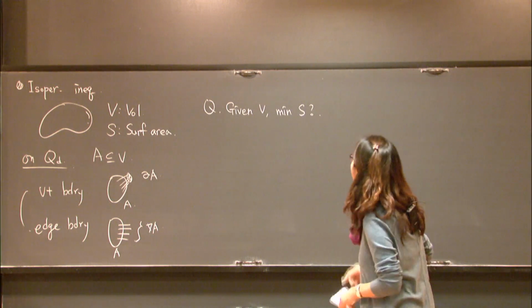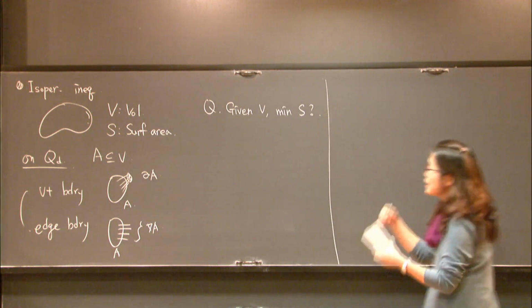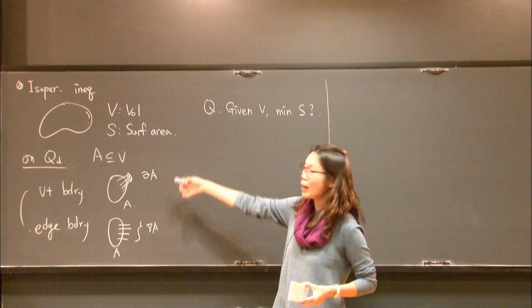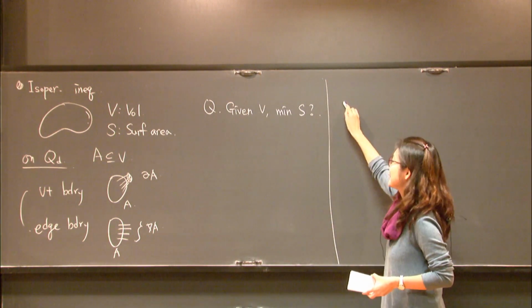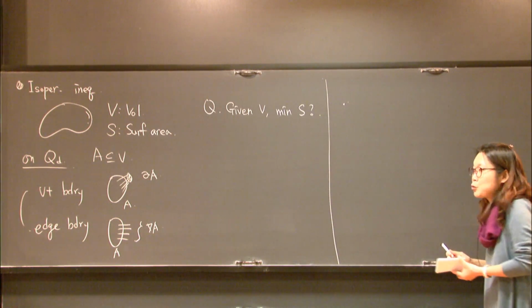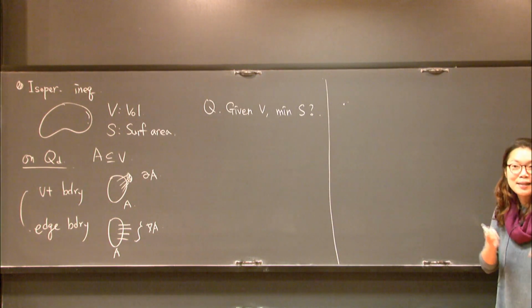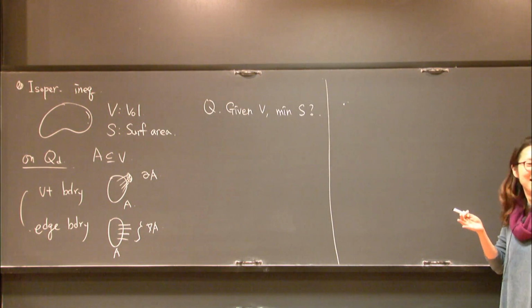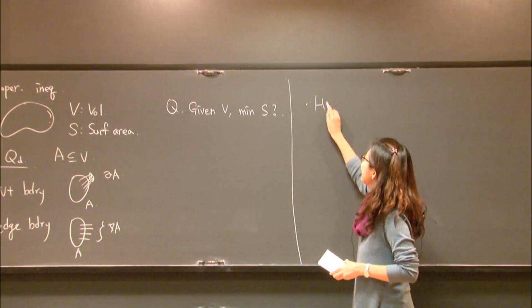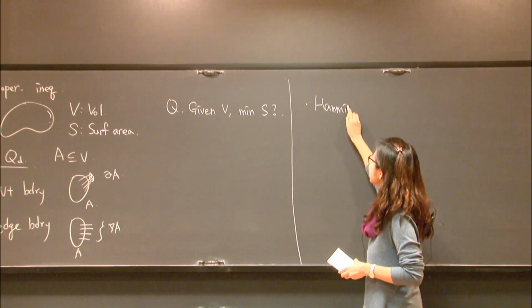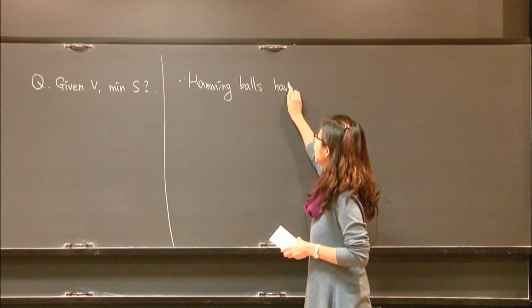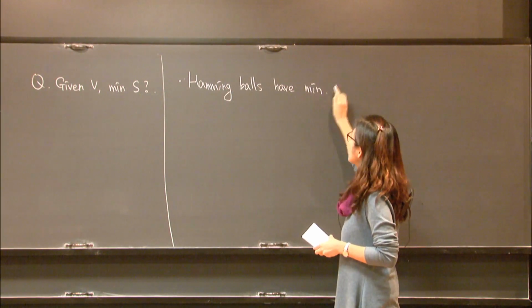Okay, and there are some well-known isoperimetric inequalities in terms of those two notions of boundaries. First, we know that the minimum vertex boundary is achieved when A is a Hamming ball. So we know that Hamming balls have the minimum vertex boundary.